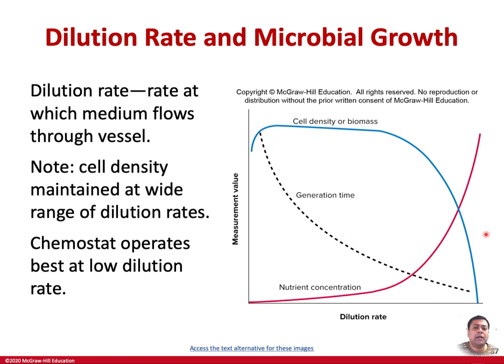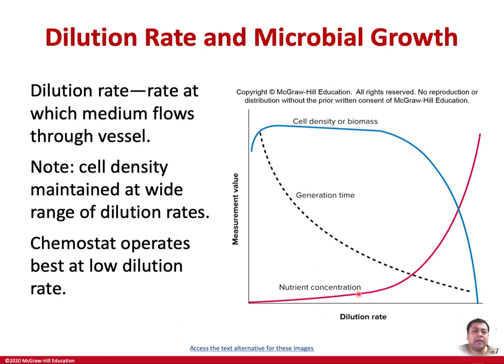Both population size and generation time are related to the dilution rate. When dilution rates are very low, only a very limited supply of nutrient is available, and microbes can conserve only a limited amount of energy, much of which must be used for cell maintenance, not for growth or reproduction.